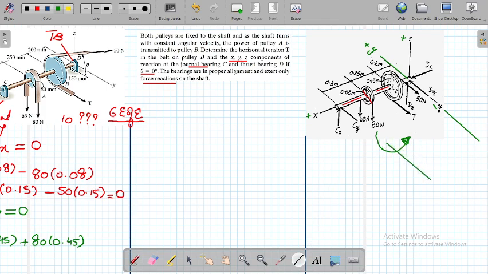So it will be anti-clockwise. That is the reason they are treated as positive.